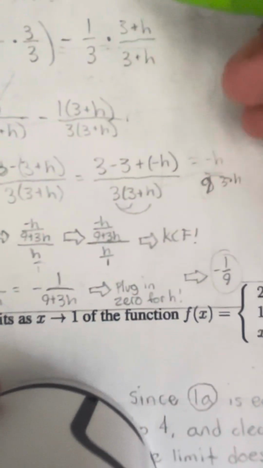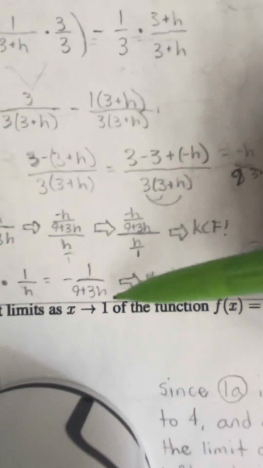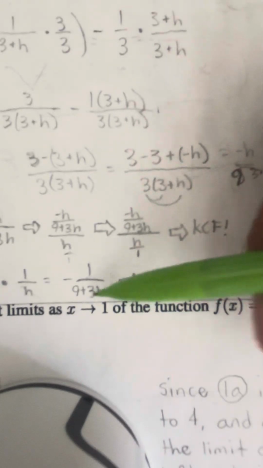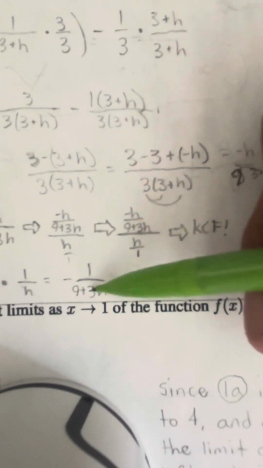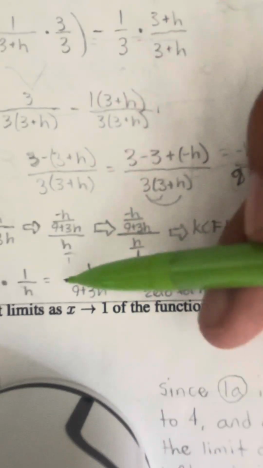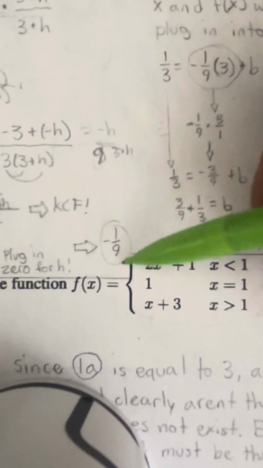So we plug in 0 for h, and anything times 0 is just 0. So 3 times 0 is just 0. So we're left with negative 1 over 9. Negative 1 over 9, right?